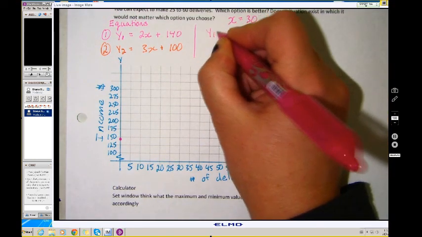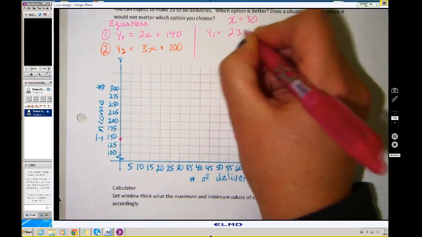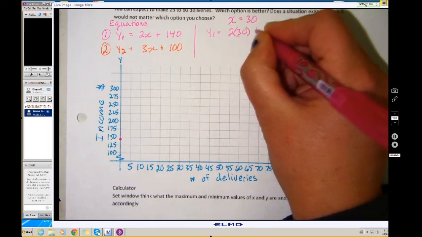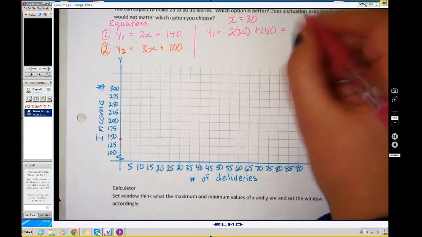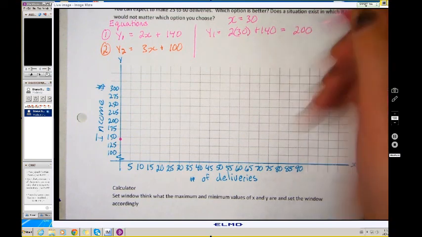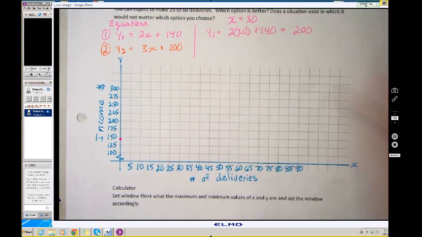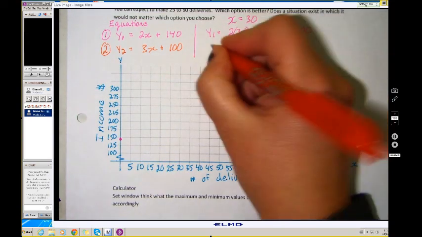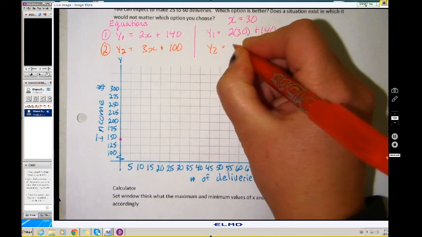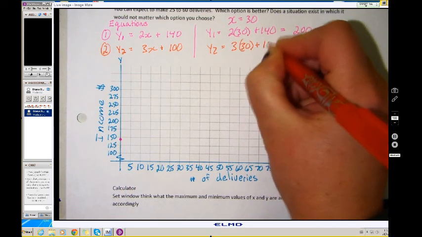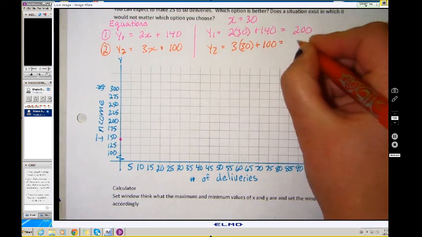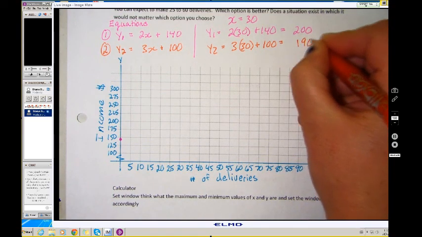So y1 is going to equal 2 times 30 plus 140, and that equals 200. And then my y2, I'll just do the same: 3 times 30 plus 100 equals 190.